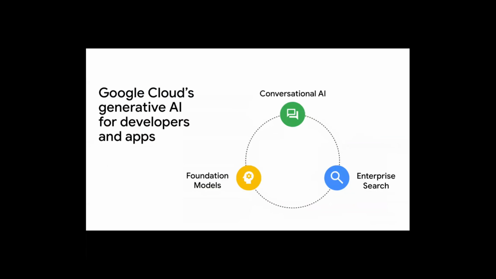So these three services are the foundation of the Gen AI platform from Google. The foundation model with Vertex provides the LLMs, the large language models, which can be used to fine tune the models with different modality for different industry use cases.